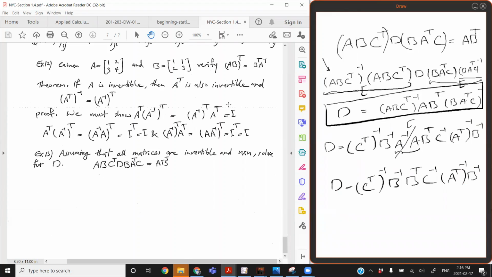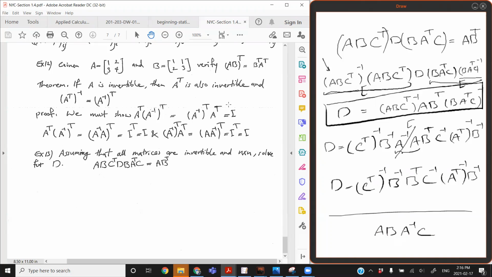So notice that I cannot, for example, simplify this. Imagine that this is a B. If I have a B here and a B inverse here, I cannot simplify those two. For example, if I have A, B, A inverse, C, then I cannot simplify these two.